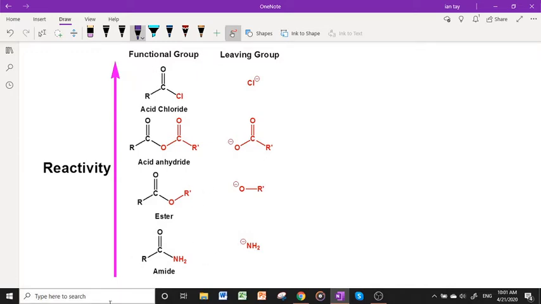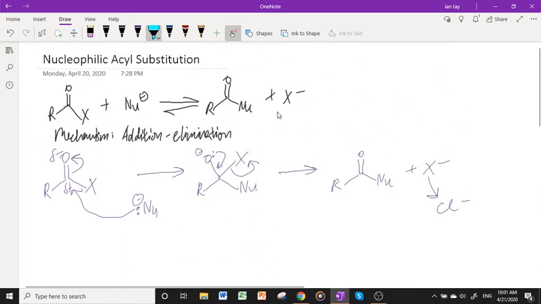And while the amide is fairly unreactive, right? And so the reason for this we can understand based on the stability of the leaving group. So if the leaving group is more stable, right, then the forward reaction will be more exergonic, and thus the position of equilibrium will lie more to the right, correct?